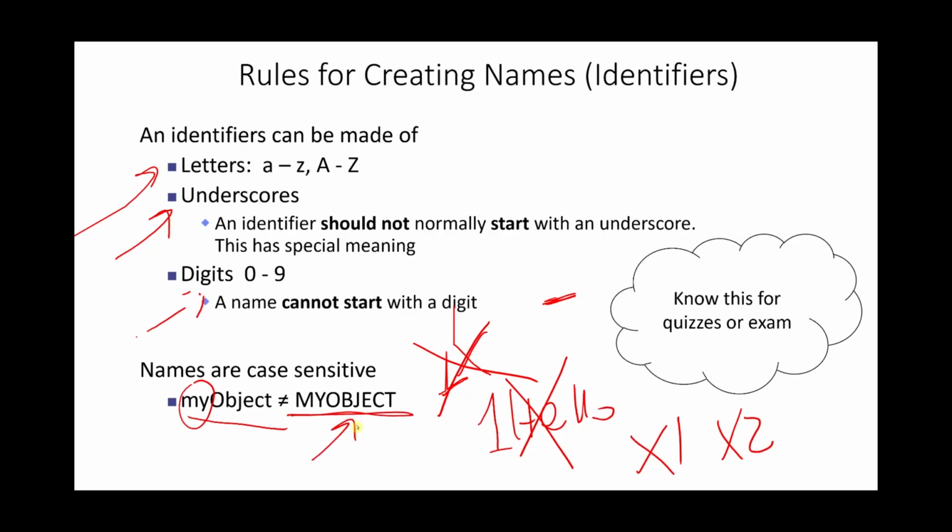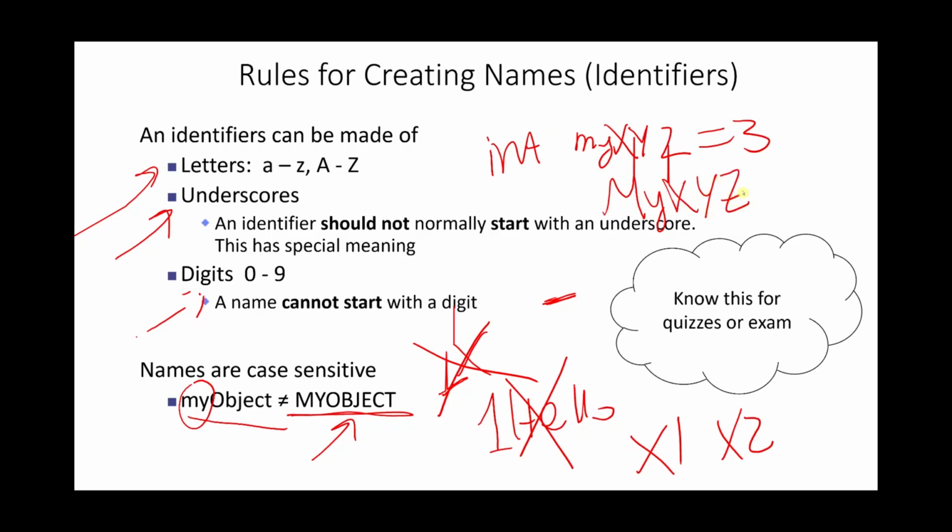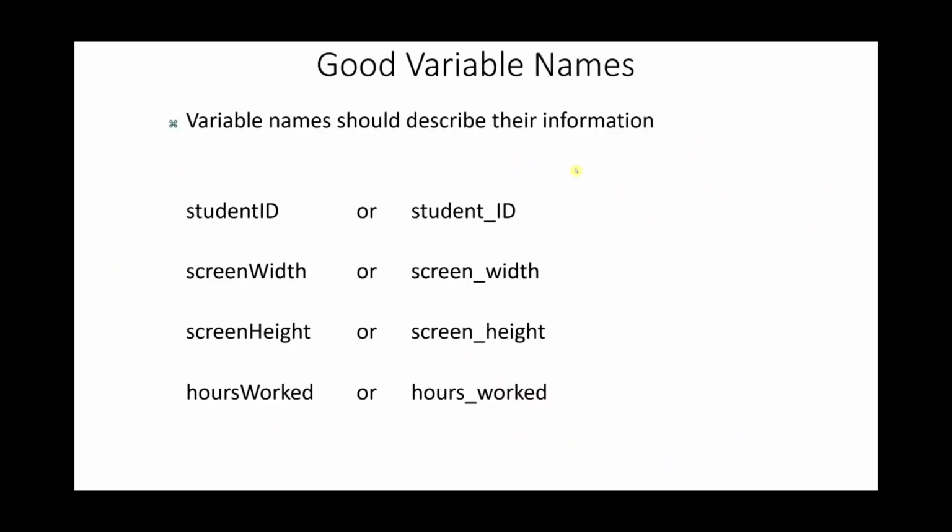For example, if I have myXYZ variable equal to 3 of type int, and I try to do myxyz equal to 4, then this is going to throw an error because this is not recognized. Remember that? Case sensitive.